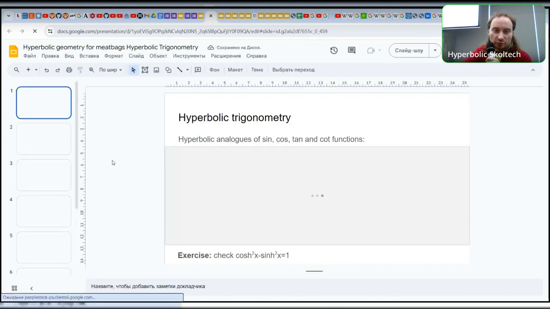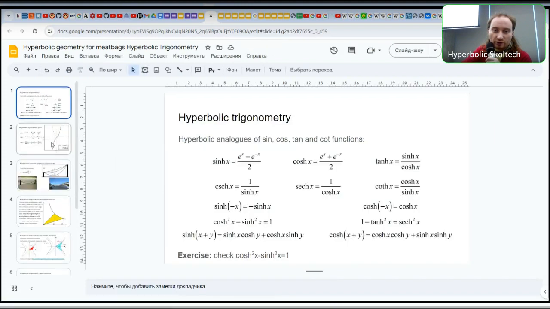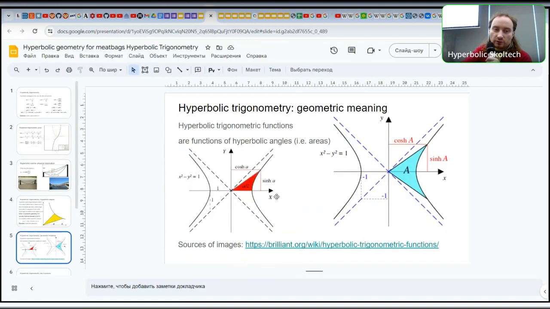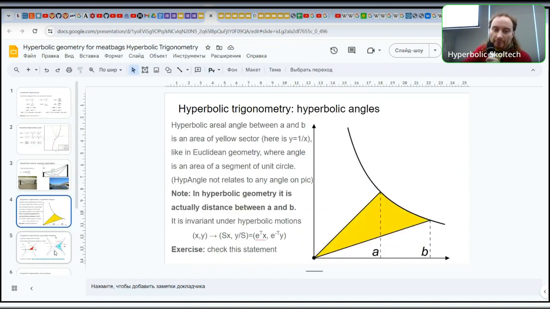So I introduced hyperbolic trigonometric functions: hyperbolic sine, hyperbolic cosine, hyperbolic tangent, and several others. So we know that hyperbolic trigonometric functions are functions of the so-called hyperbolic angles, which is not an angle at all, but is somewhat like an area of a curvilinear triangle.